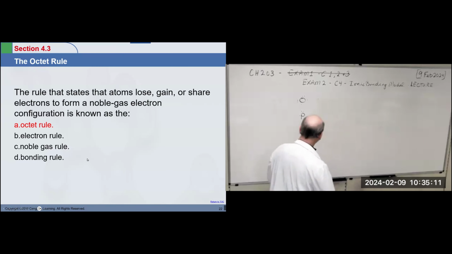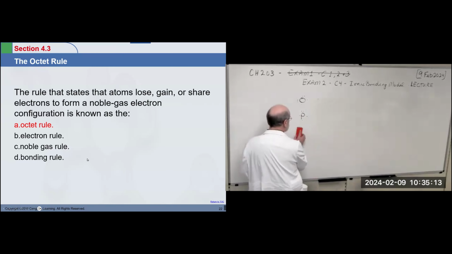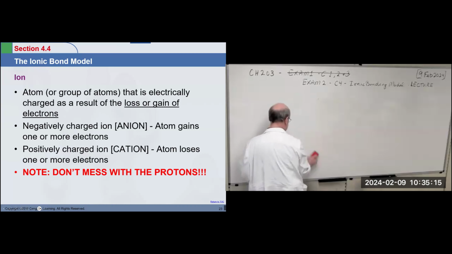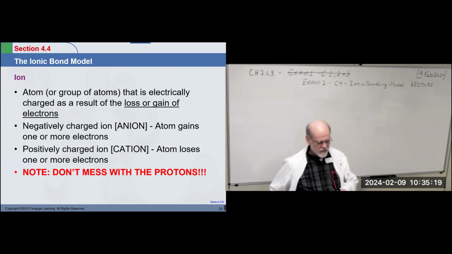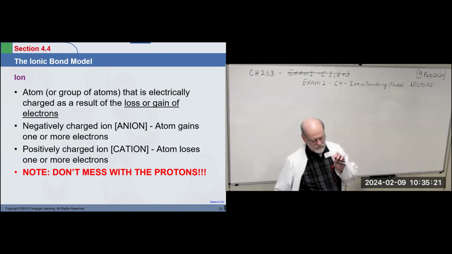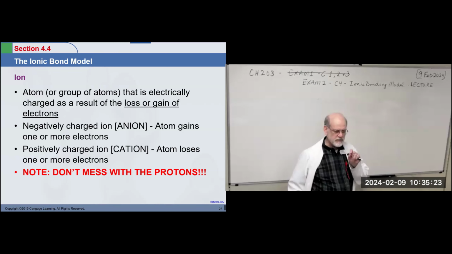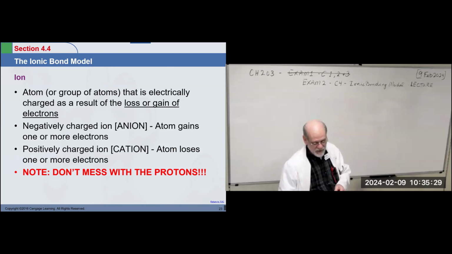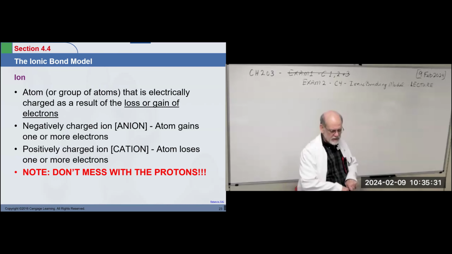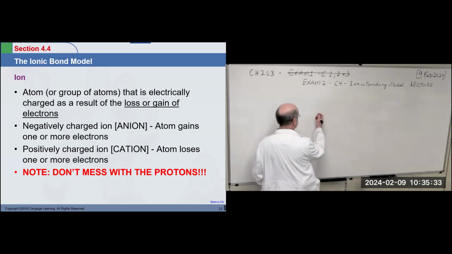Okay. Now we're talking about ions. We talked about ions a little bit already. An ion is a neutral atom that loses or gains electrons, and we have special names for them. I've been using those names but haven't defined them. Cations are positive ions.